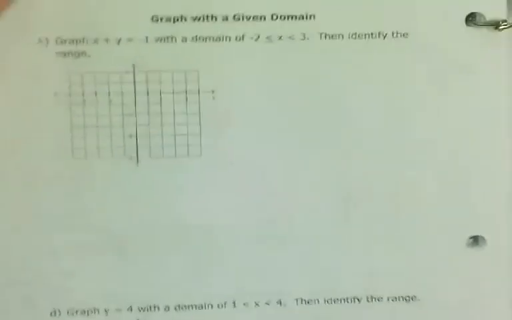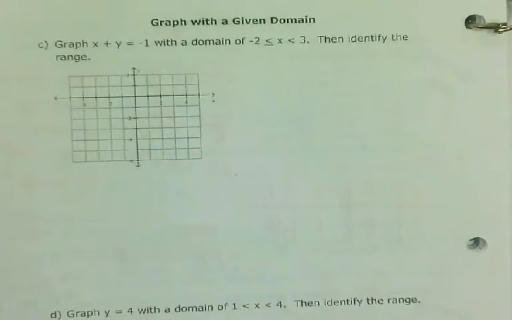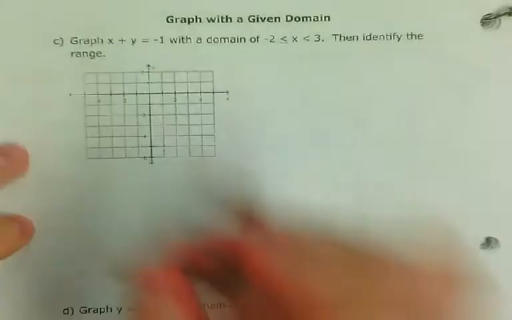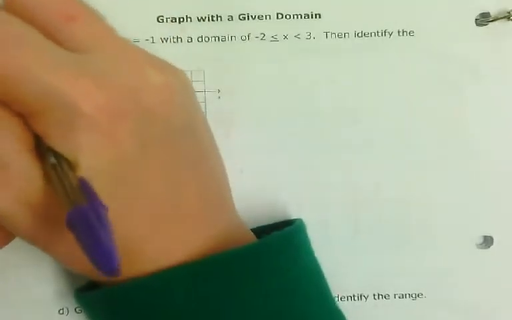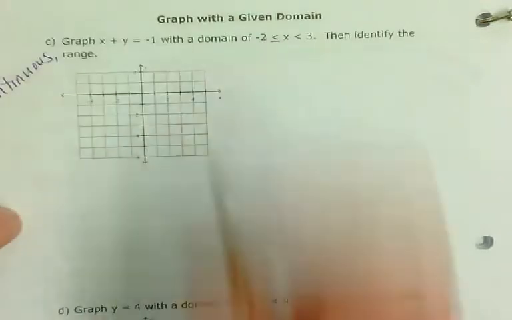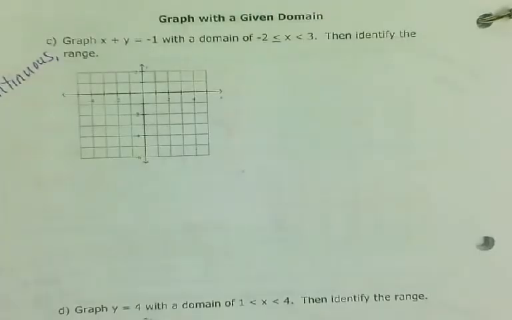All right, so here's C. What's different on C? It gives us more. It gives us 2 parts of the domain, right? Is it continuous or discrete? Continuous. It's continuous, right? Because it's got an inequality or multiple inequalities, it's continuous.